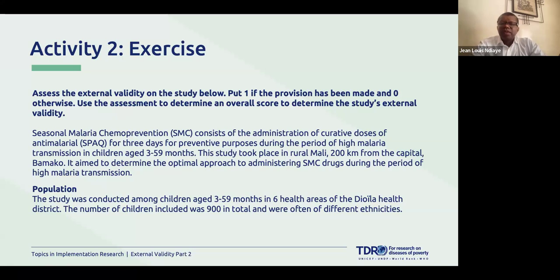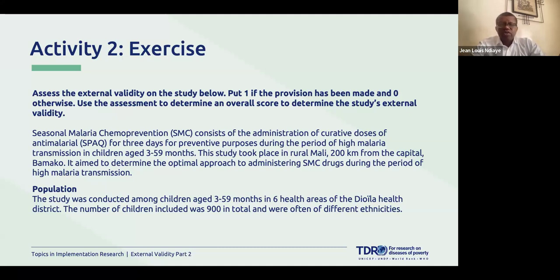So this study took place in Mali, 200 kilometers from the capital, Bamako. The aim was to determine the optimal approach of administering SMC in a rural population during the peak of the transmission. The study was conducted in children 3 to 59 months in the area of Joila.